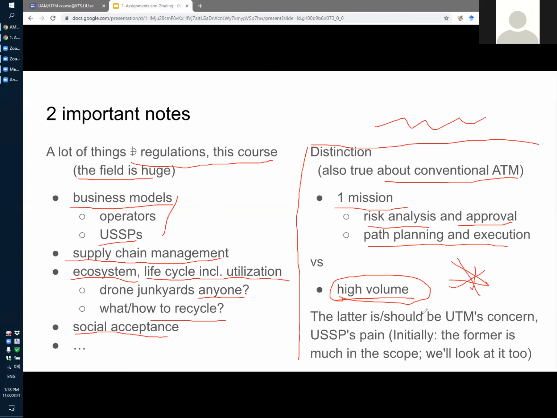In principle, doing the high volume is what unmanned traffic management is about, and what the U-Space service providers should do. But regulations, I guess, are not there yet, at least not fully, or at least initially. This first thing, let's get one drone up in the air safely, going from one place to the other, is very much in focus, and we will be looking at it too.